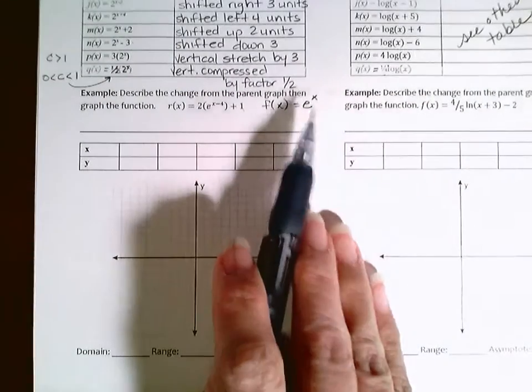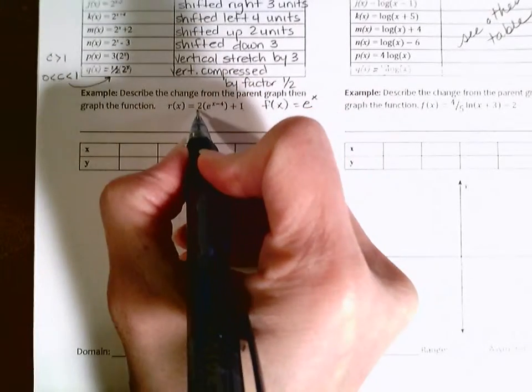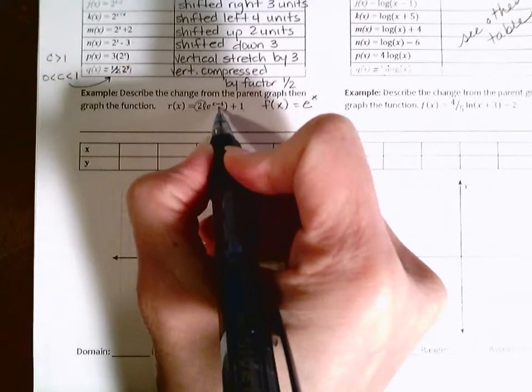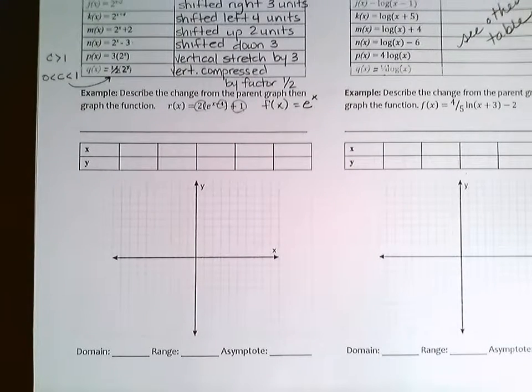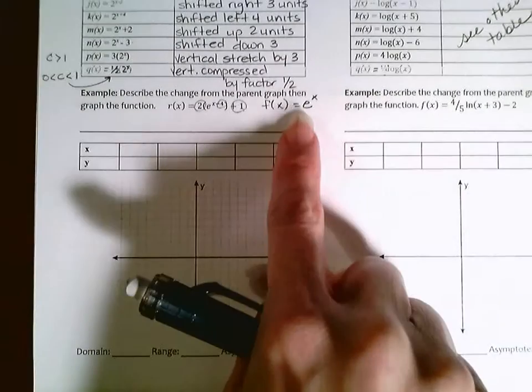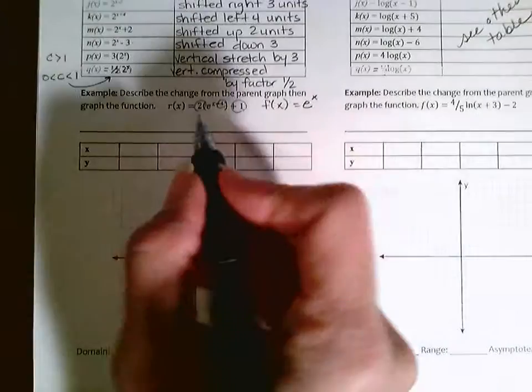Okay, so it went from this to this. So notice that the new things that were added onto it were these things right here. Okay, so those three numbers have influenced the f of x equals e to the x graph somehow. Well, how? Well, let's go left to right.